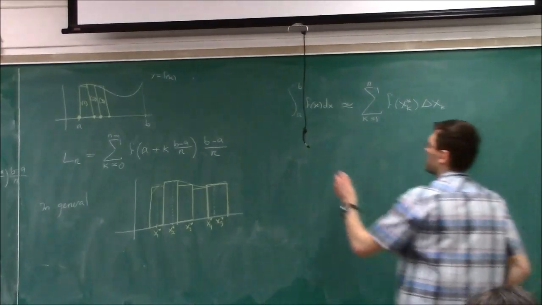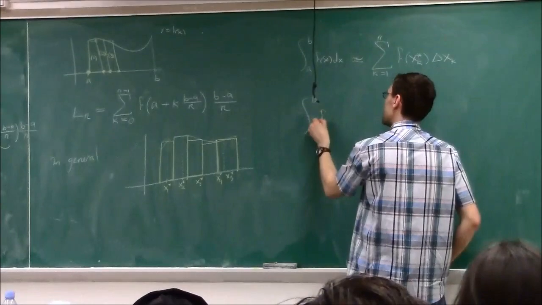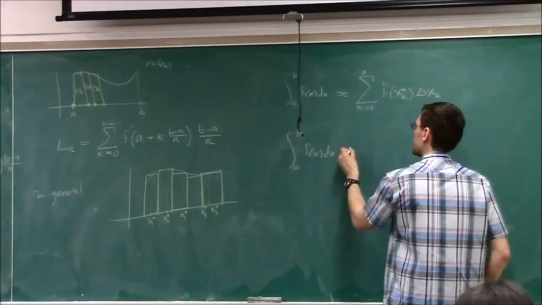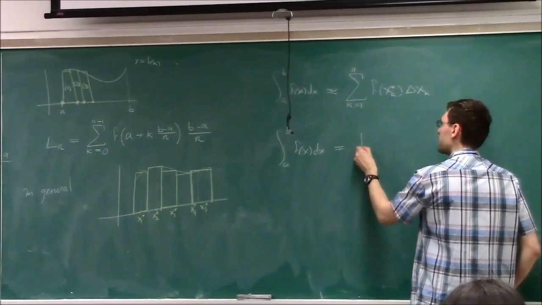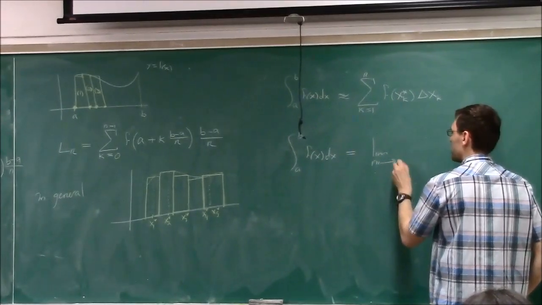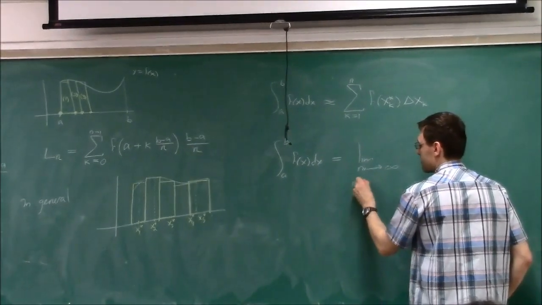So you can sometimes just write that the integral from a to b of f of x dx is equal to the limit as n goes to infinity, and as the maximum of delta xk goes to 0.